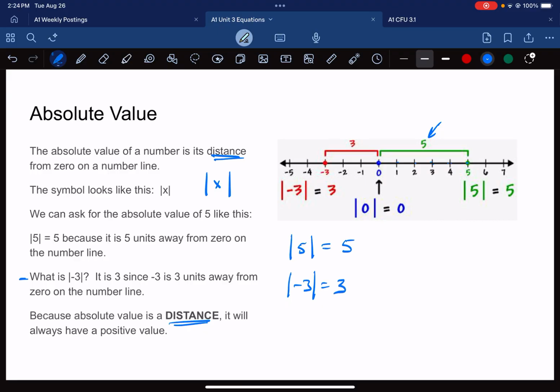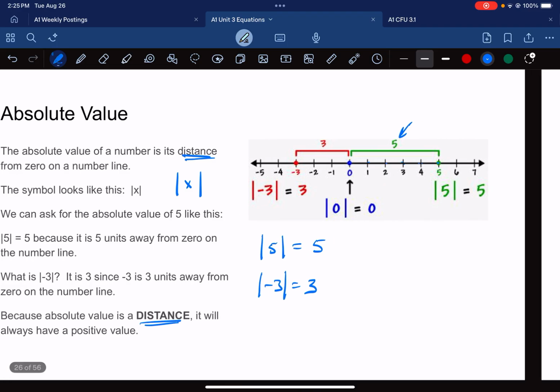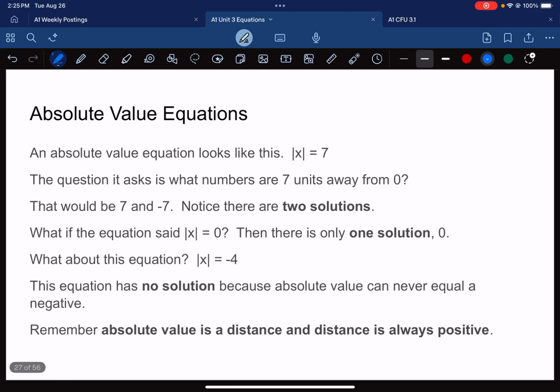And because the absolute value is a distance, it will always have a positive value or always needs to be set equal to a positive value, okay? Let's look a little further at this. An absolute value equation looks like this. Absolute value of x equals 7. So the question is asking us, what numbers are 7 units away from 0? Well, hopefully, if you look at a number line, you realize that here's 0 and this is positive 7.